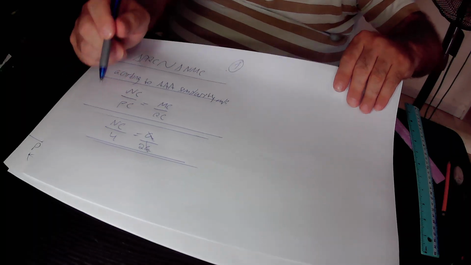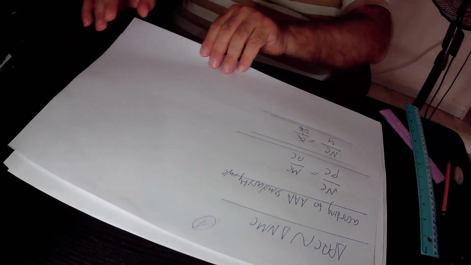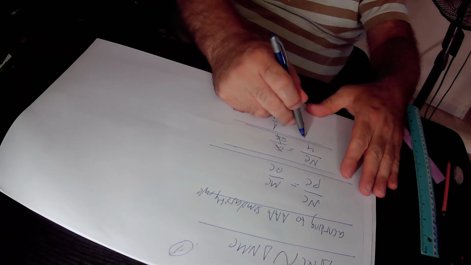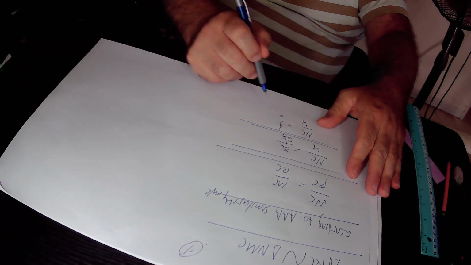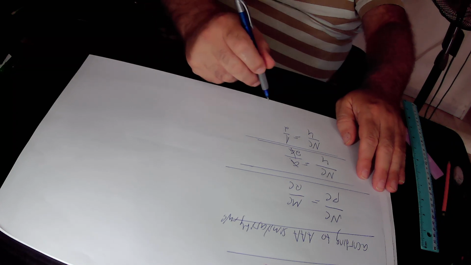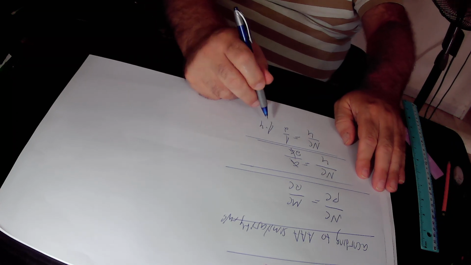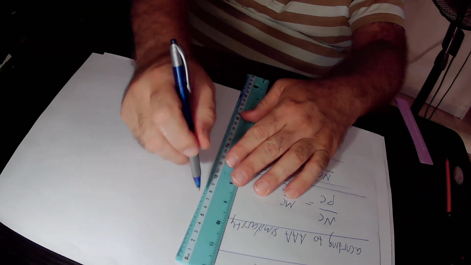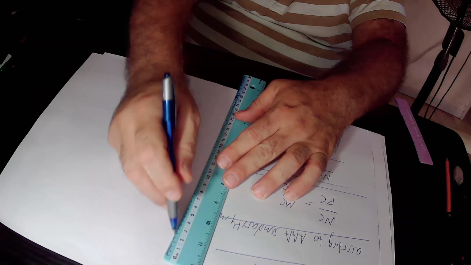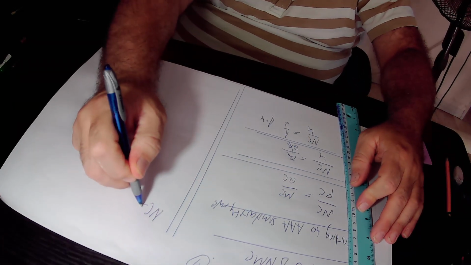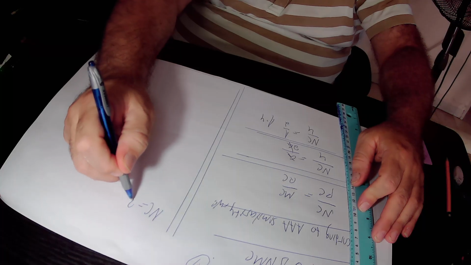So write it down. 1/2 equals NC over 4. Here we will multiply this equation by 4, and we get that the missing side NC equals 4 over 2, that is 2.